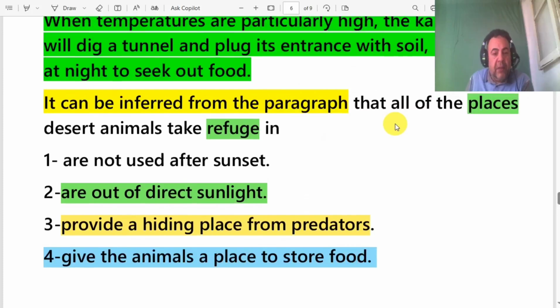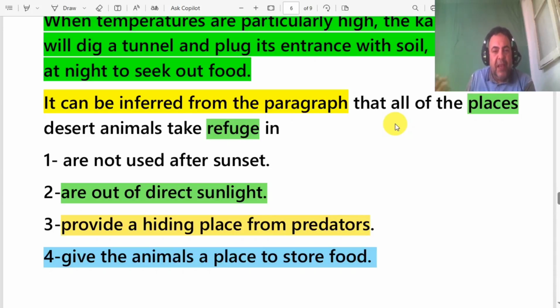Why do you choose number two? Because two gives us another meaning to describe the places that desert animals use. One of the merits and characteristics of these places that the animal uses to protect themselves from the sunlight is to be out of the sunlight. Okay?